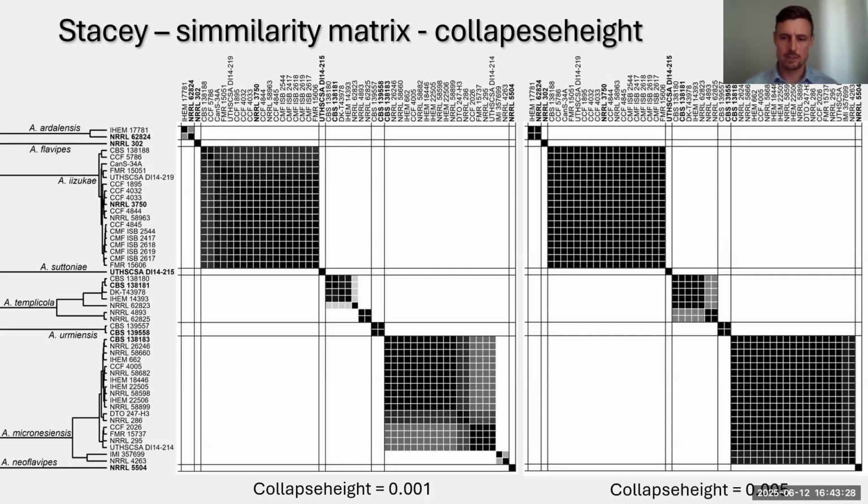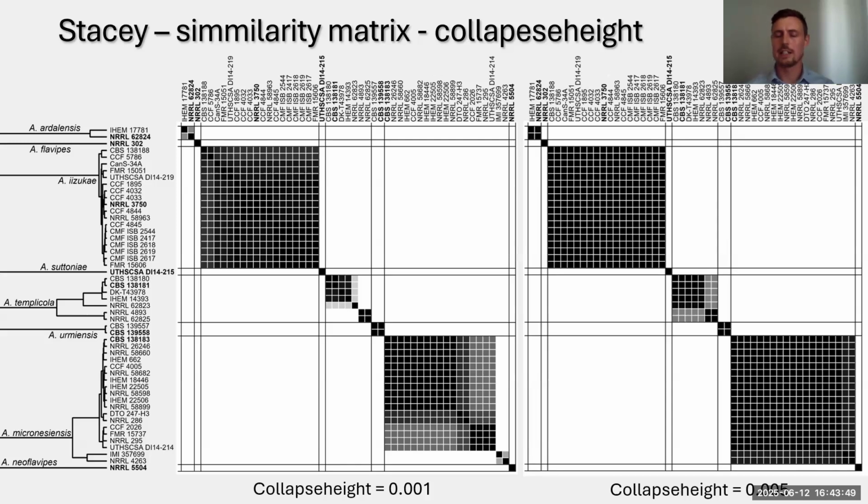If you use a higher collapse height value, it will cluster more samples into fewer species. So with a higher collapse height value, you will get fewer delimited species in your data set. And here you can see two different values, two different results.